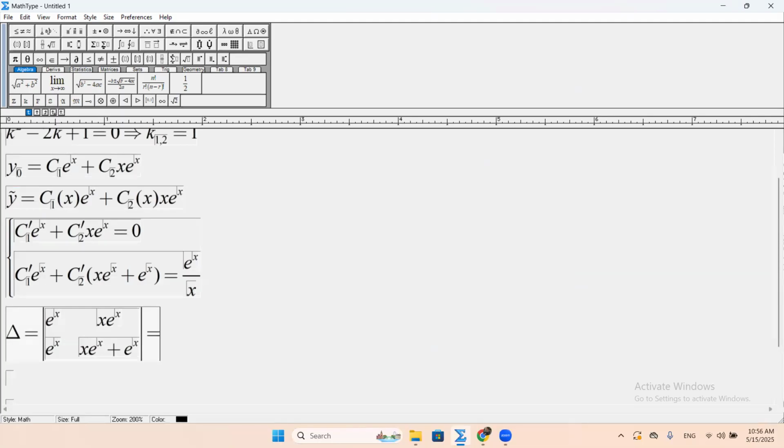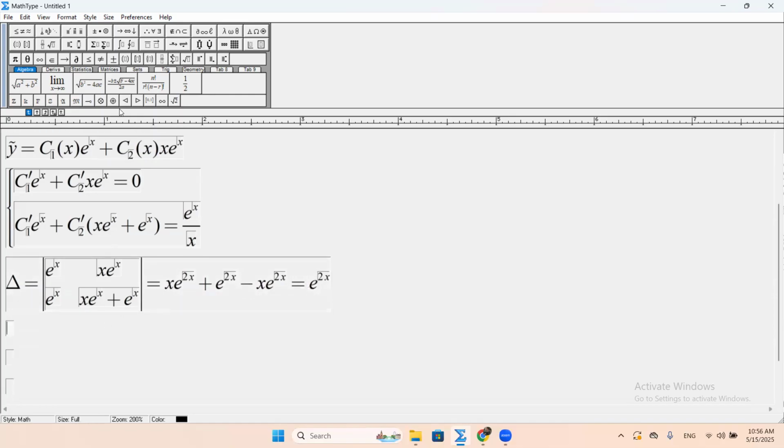So what do I have? So x e to the power of 2x plus e to the power of 2x and minus x e to the power of 2x. So it will be equal to e to the power of 2x. So we calculated delta, then delta 1.